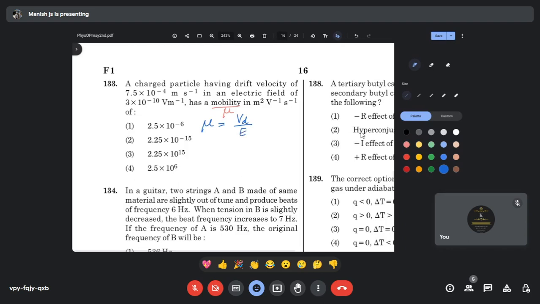This is the formula for mobility. I think you have all the data, just need to simplify it. So drift velocity is 7.5 into 10 to the power minus 4, divided by electric field, 3 into 10 to the power minus 10. Just go for a simplification.